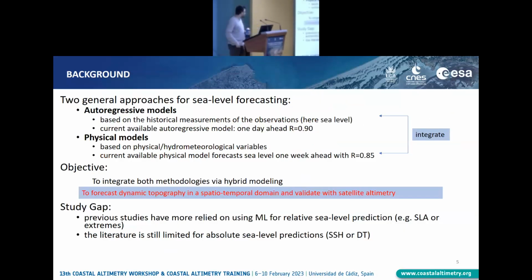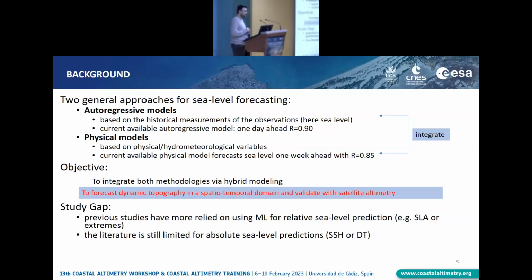So the next challenge is regarding the methodology and implementation. There are two general approaches for sea level forecasting. The first are the autoregressive models, which are solely based on the historical values of the observations, here the sea level.